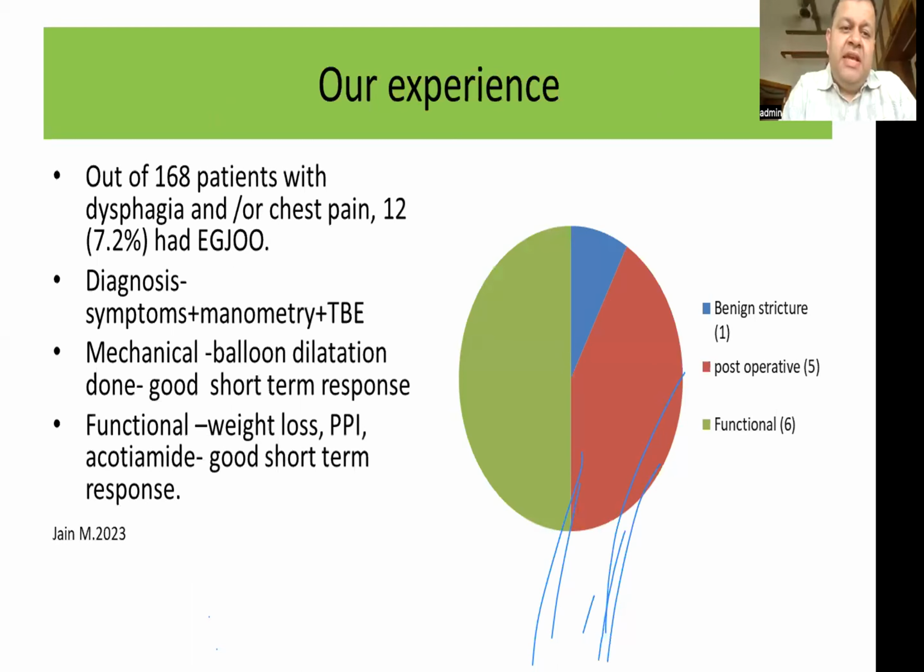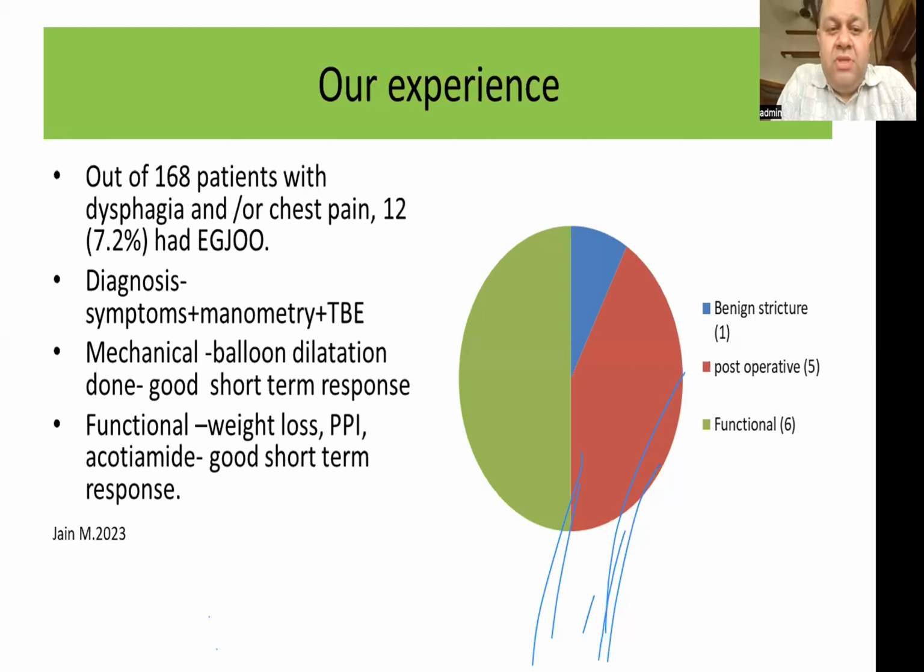So we analyzed our data of 168 patients who presented to us with motor dysphagia with or without chest pain, and we did esophageal manometry in these patients. This was a retrospective analysis where we found that 12 of them had EGJ outflow obstruction manometrically.